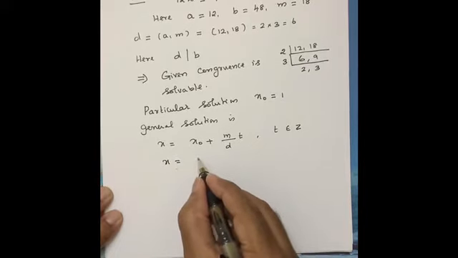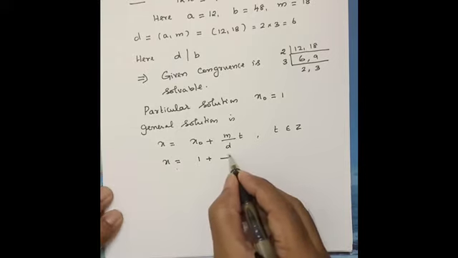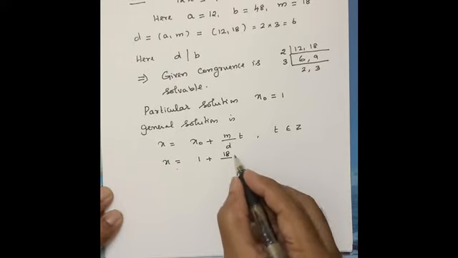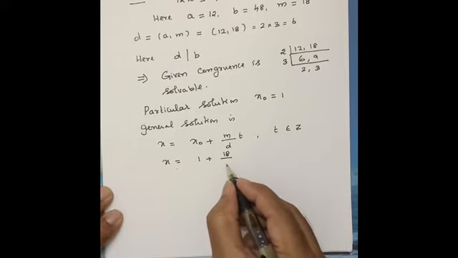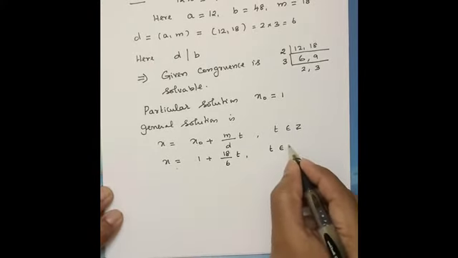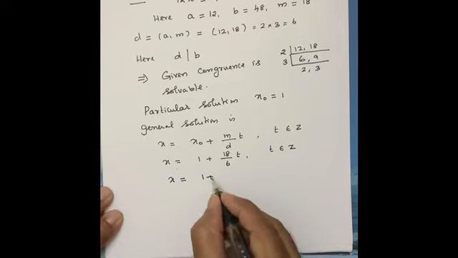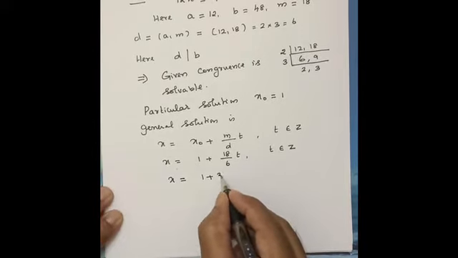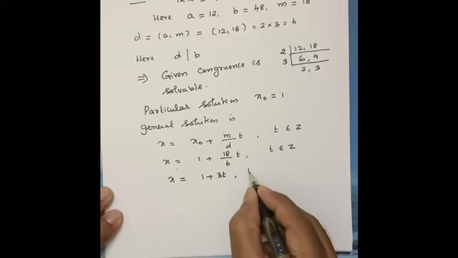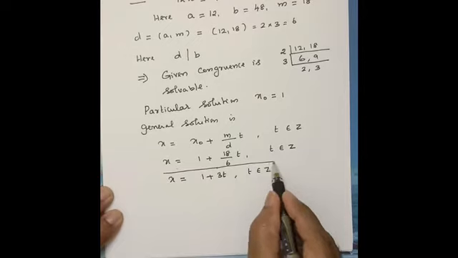X equal to X naught value 1 plus M value 18 by D value 6 times T, T belongs to Z. So X equal to 1 plus 18 by 6 is 3T, T belongs to Z. This is our general solution.